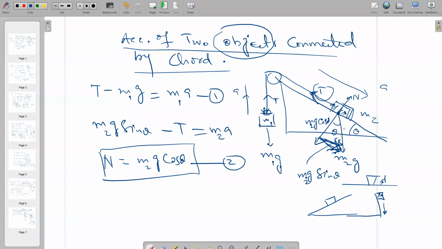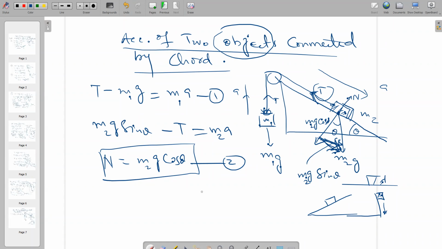So the body is not moving in this direction. It is only moving in this direction. So who is responsible to move the body in this way? m2g sine theta. Okay.